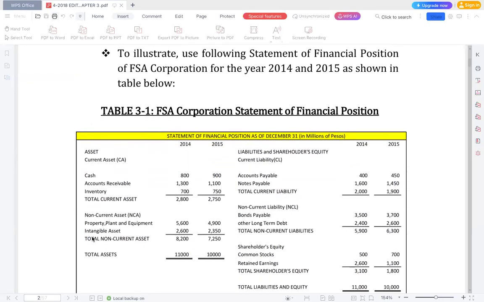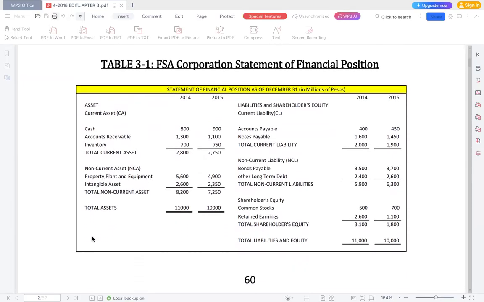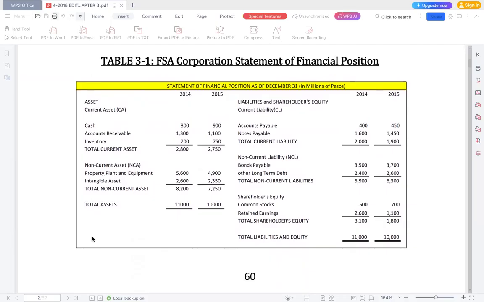Let us illustrate the concept of horizontal analysis by using this table, FSA Corporation Statement of Financial Position for the years 2014 and 2015. So you have here cash, 800 million in 2014. It increased by 100 million in 2015. Accounts receivable decreased by 200 million and inventory increased by 50 million.